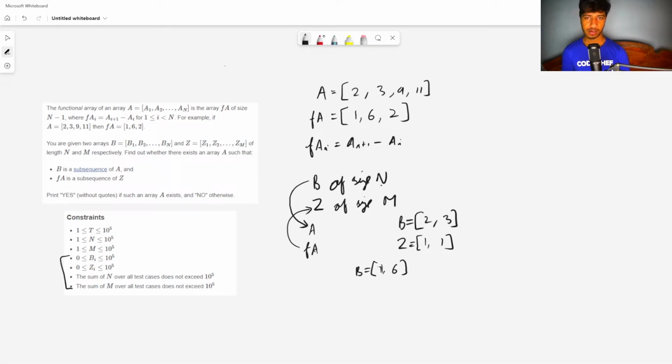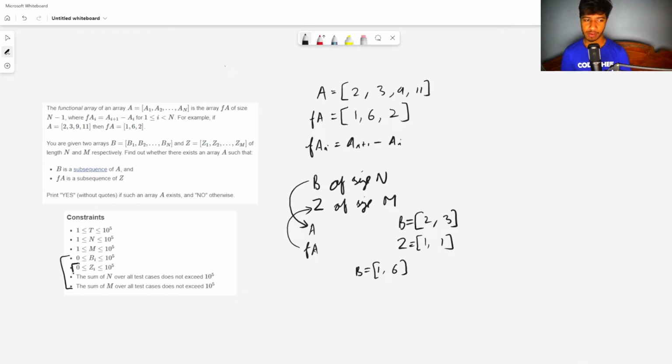One more observation that we can make that I did not cover yet is, look at Z. Since f of A is a subsequence of Z, that means that every element in f of A must be in Z, right? Every element of f of A must be inside Z because f of A is a subsequence of Z. So f of A cannot contain any integer that is not inside Z, right?